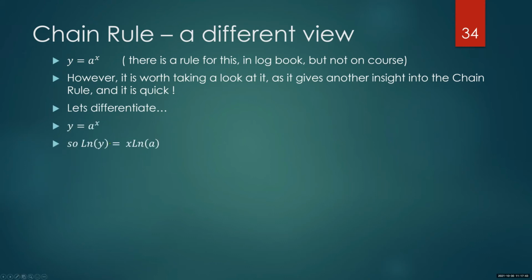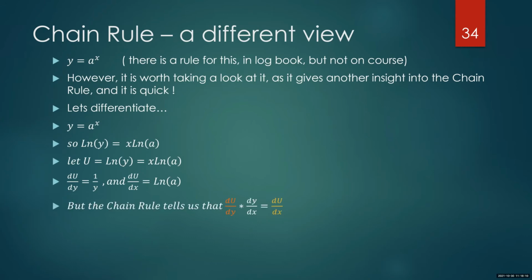So the natural log of y is equal to x times the natural log of a. So we're going to let u be equal to the natural log of y, which is equal to x times the natural log of a. So du dy is 1 over y, and du dx is the natural log of a.